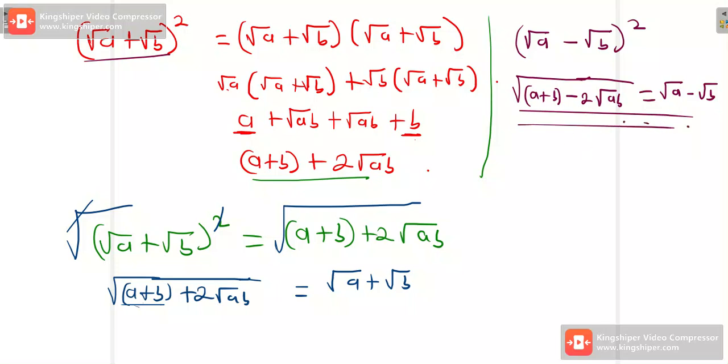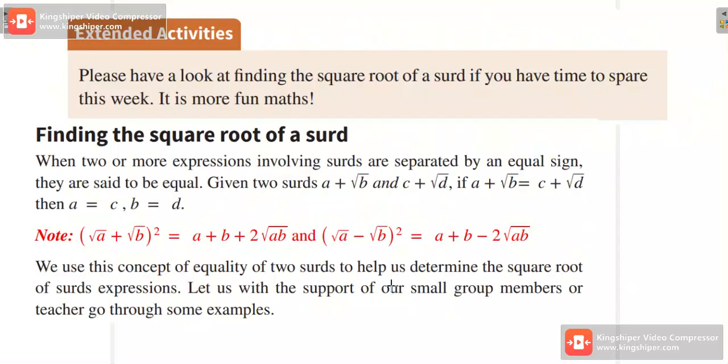So these are identities. Square root of A plus B minus 2 root of AB is equal to root of A minus root of B. And square root of A plus B plus 2 root of AB is equal to root of A plus root of B. And that is what has been stated in the note here.